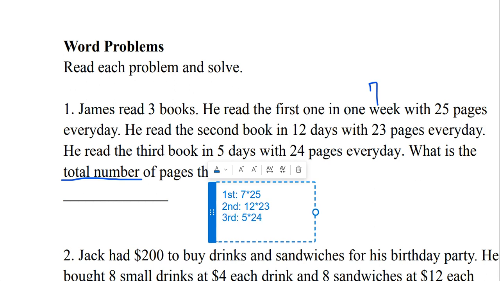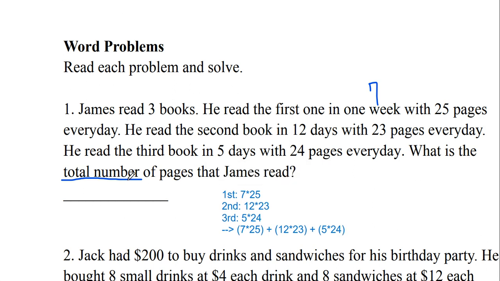If you just combine everything, this becomes in parentheses 7 times 25 plus 12 times 23 plus 5 times 24. The reason why you're adding is because you want to find the total number, so you have to add everything from the first to the third book. And if you put it into a calculator or solve it out, this becomes 571 pages.